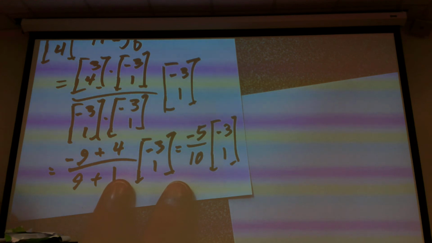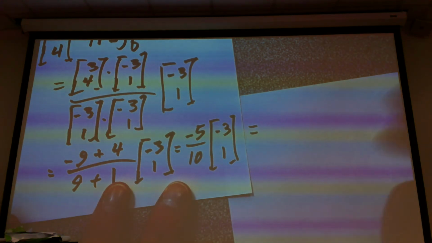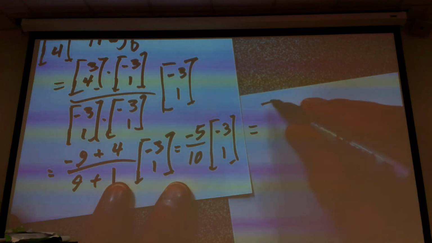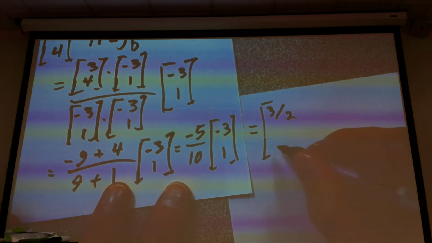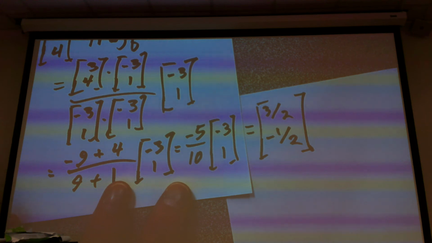So that would equal negative 5 over 10, which is negative 1/2. Negative 1/2 times negative 3 would be positive, and that would be negative 1 over 2. Okay, so 3 over 2, negative 1 over 2.